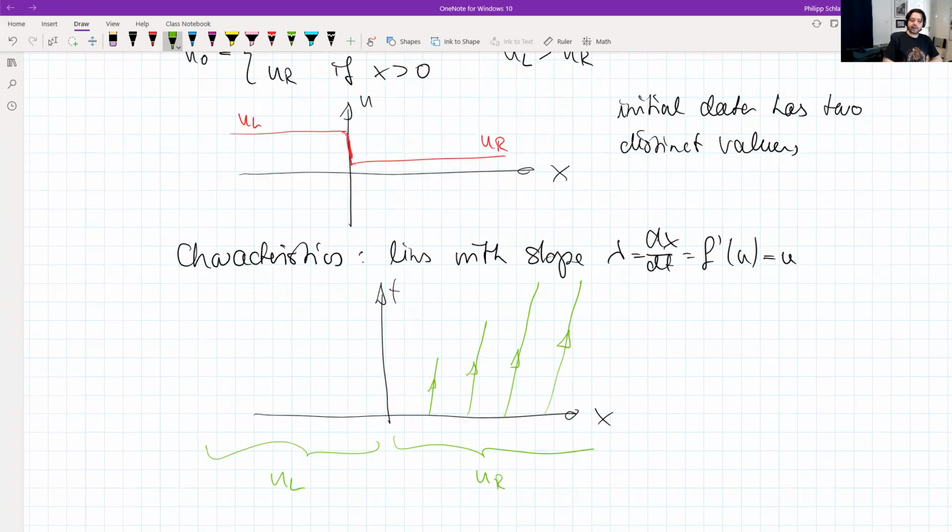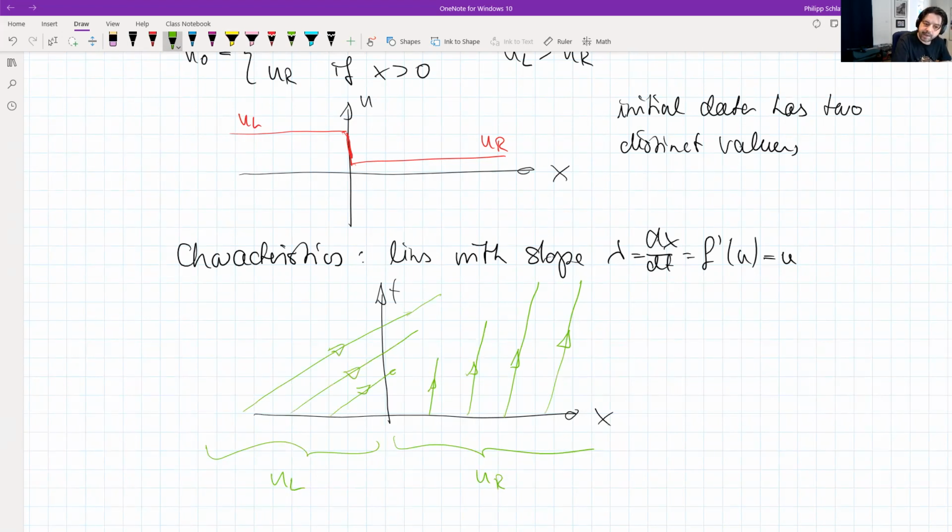On the left side where we have u_L, we also have characteristics, but the speed is larger because u_L is larger, so they lean a little bit more to the right. Lines like this, perhaps.